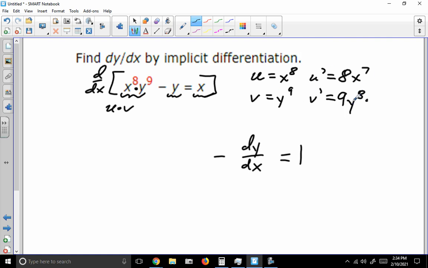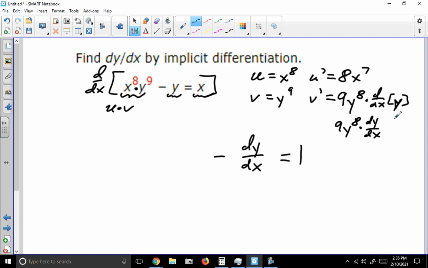Notice this is not just x this time, this is y. So when we bring the 9 down and do that to the 1 less power, we also have to multiply that times the derivative of the inside part. That's a different letter, so we could think of that as a whole function. So v prime is 9y to the 8th times dy over dx.